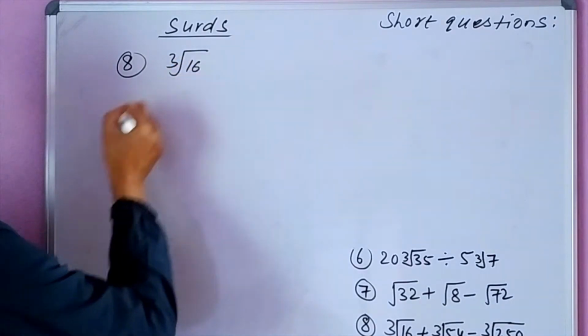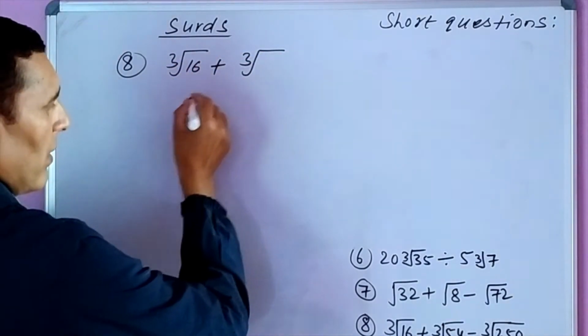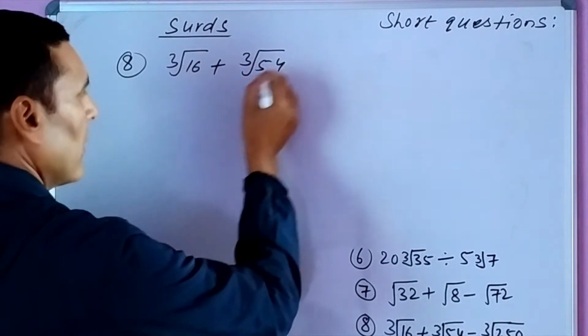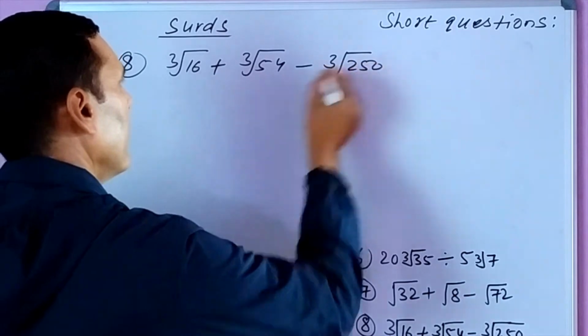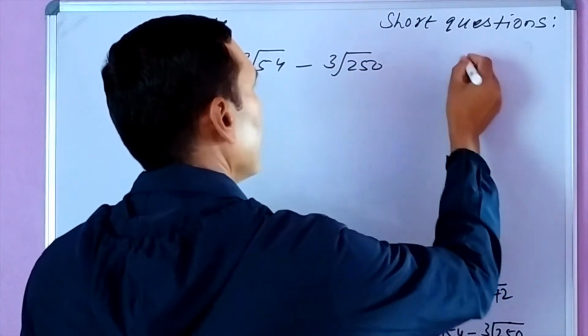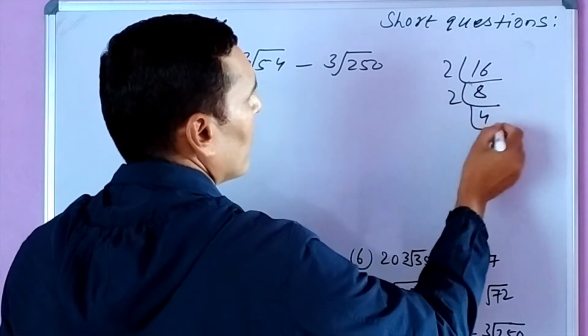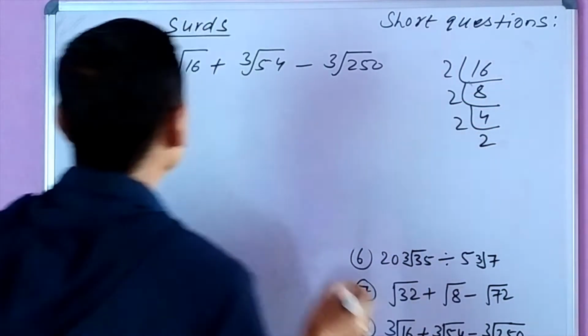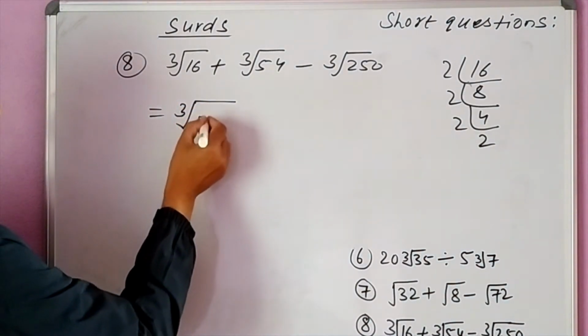Cube root of 16 plus cube root of 54 minus cube root of 250. So we know that 16 is 2, 8, 2, 4, 2, 2. So it is 2 cube into 2.